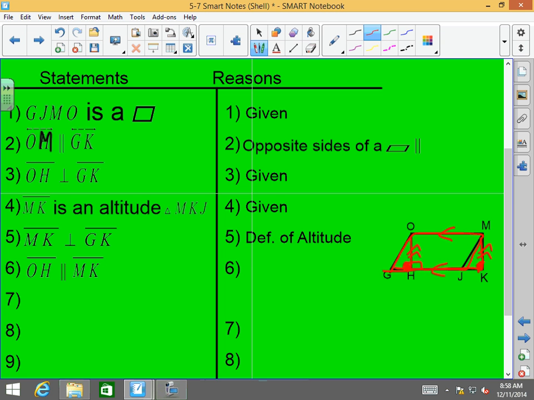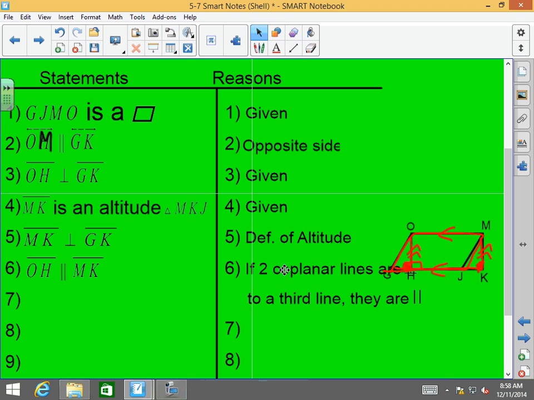That's not same side interior angles. That's not alternate interior angles. That's not a Z. That's an F. So it'd be corresponding, but they're parallel. So if two coplanar lines are perpendicular to a third line, they are parallel. So we could have done that theorem, or we could have said corresponding. You got to know this. The underbelly to underbelly. All of this comes into play.